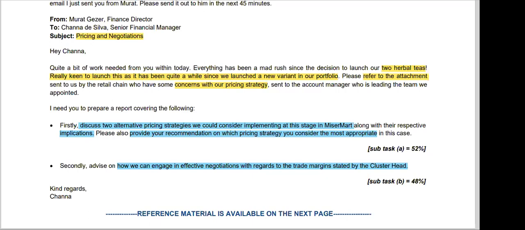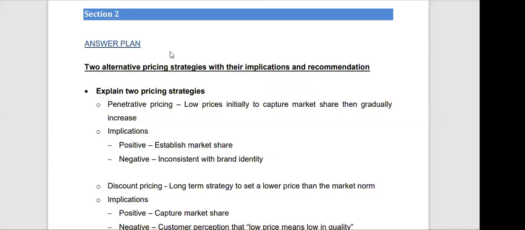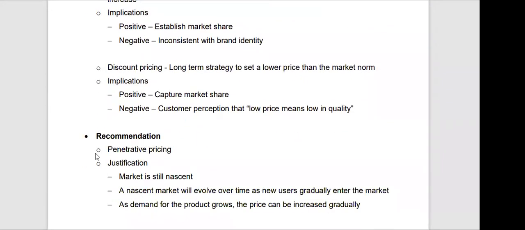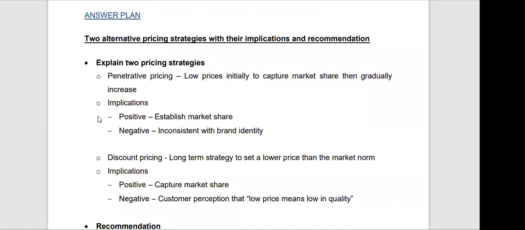So let's try to figure out what type of an answer plan you are supposed to develop. So as I told you earlier, you are not supposed to write after reading the question. You are not supposed to start typing the answer. Instead, I asked you to spend 1/3 of your time or 15 minutes to develop an answer plan. So this is what an answer plan looks like. So as you can see, I've not come up with fully fledged answers.